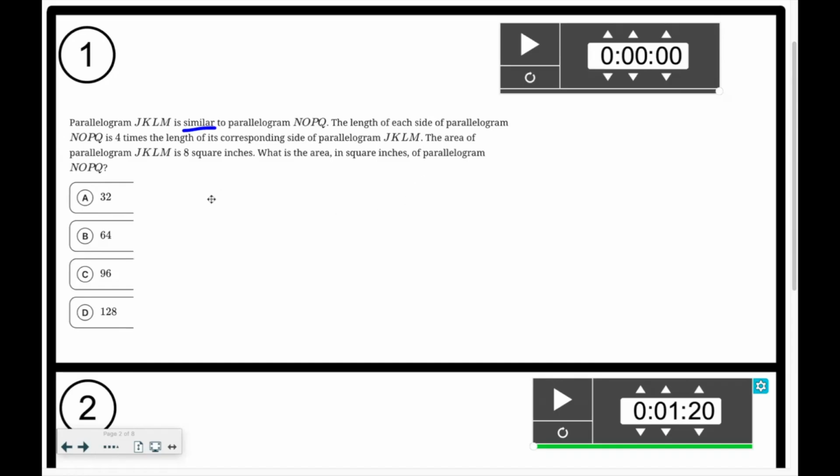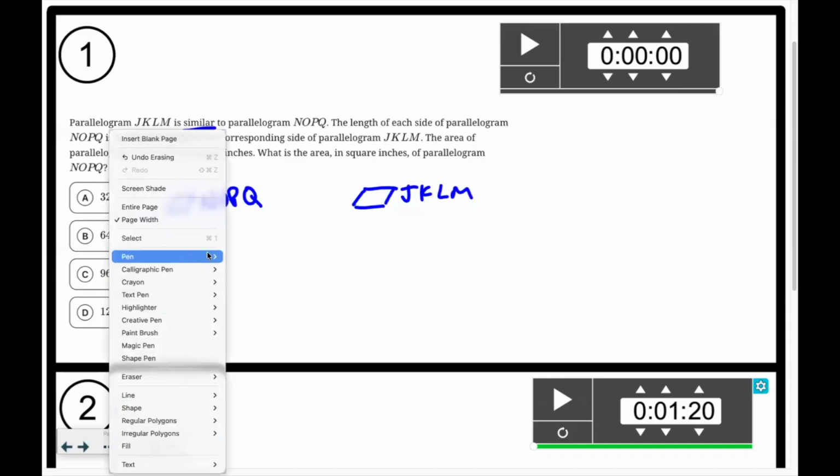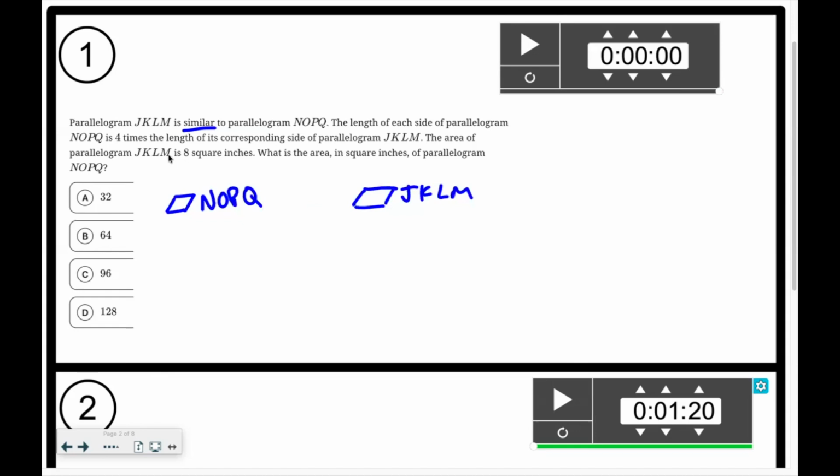If we look at the parallelogram NOPQ, and then that goes to JKLM, they're telling us that each side of NOPQ is 4 times JKLM, so I'll do the arrow going this way.